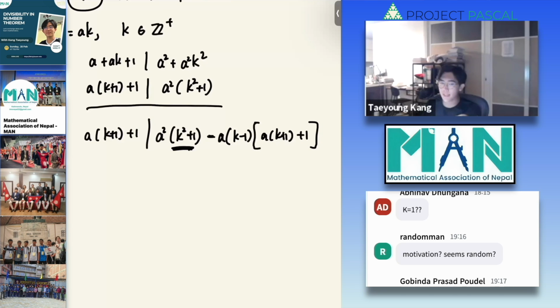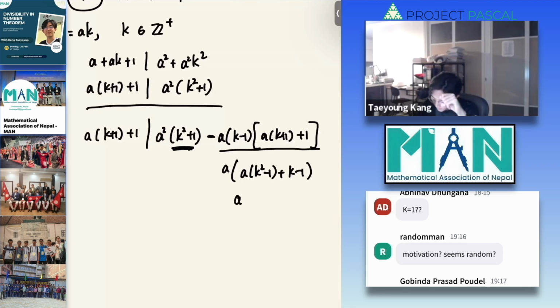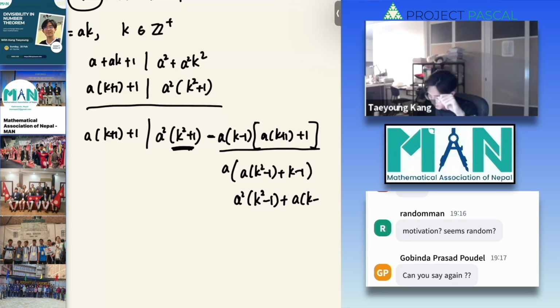And the closest we can get to it is this, because this is just A times (A K squared minus 1) plus (K minus 1)A, which is just A squared K squared minus 1 plus A K minus 1.